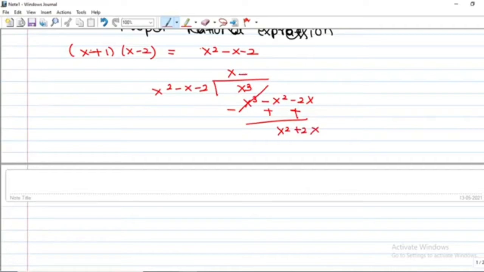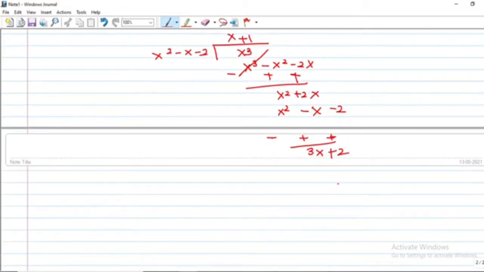Now what can you keep here? Plus 1. If you do plus 1, you will get x square minus x minus 2. Minus plus minus plus, so you will get finally 3x plus 2.